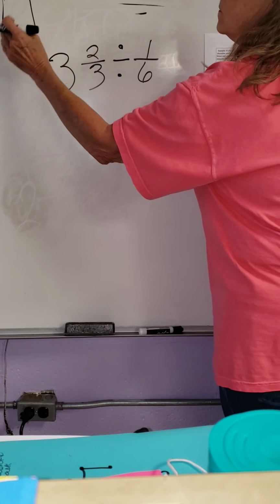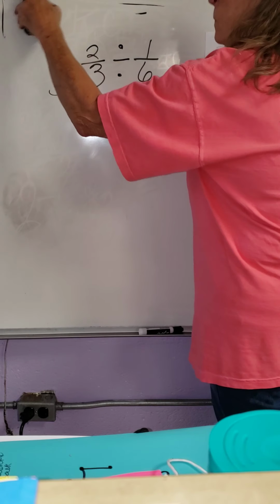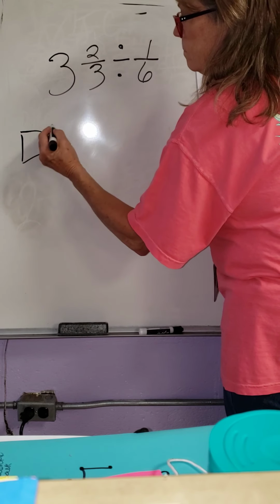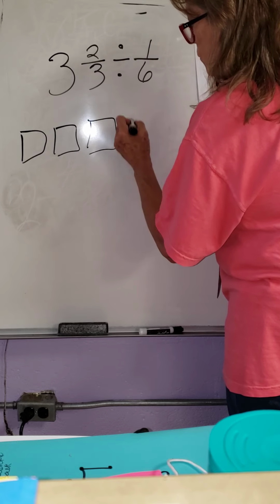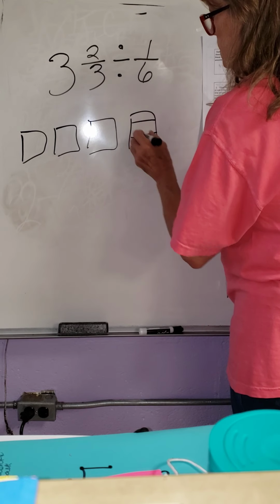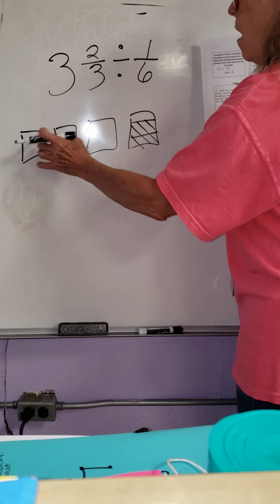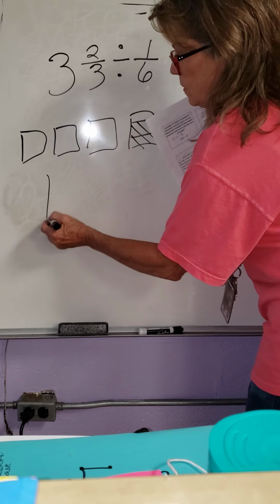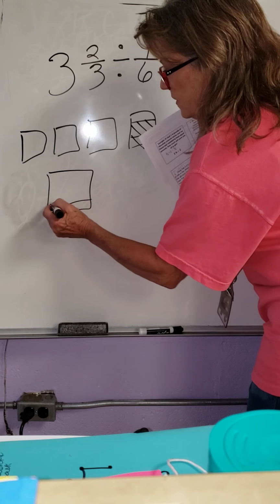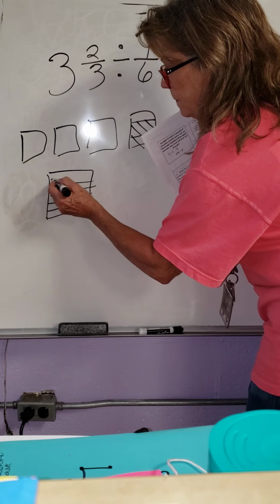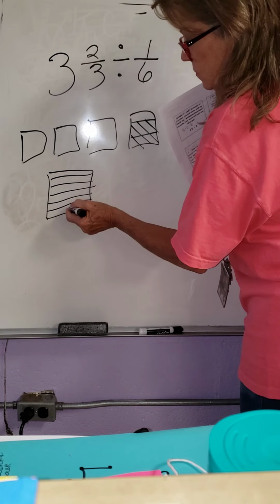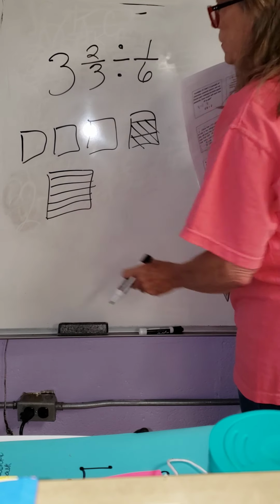We have 1, 2, 3, and then this other one has 3 parts, and I got this much milk. Okay, and she's going to take all of this milk and she's going to pour it in a container that's probably the same size, but look how many sections it has. How many sections? 1, 2, 3, 4, 5. Just happened to draw 6.